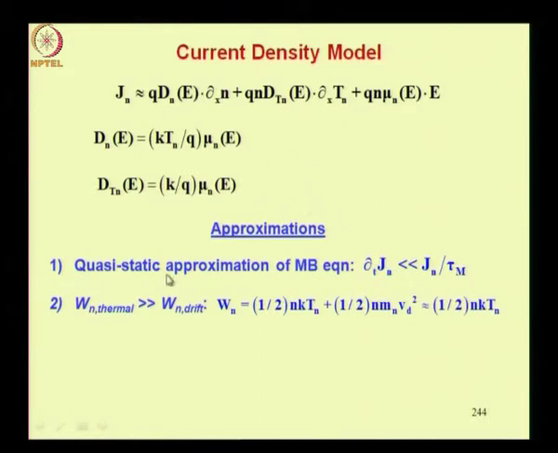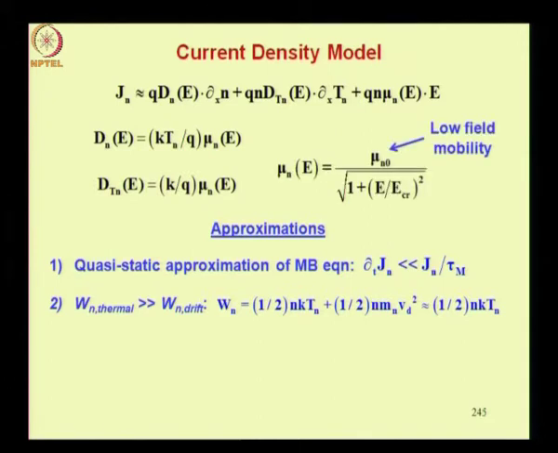Now, the two approximations have been put in abbreviated form here because we are going to encounter more approximations as we consider formulae for mobility. The mobility mu n is a function of E and the function is given by this formula. This we have just derived when we discussed the velocity field relation.